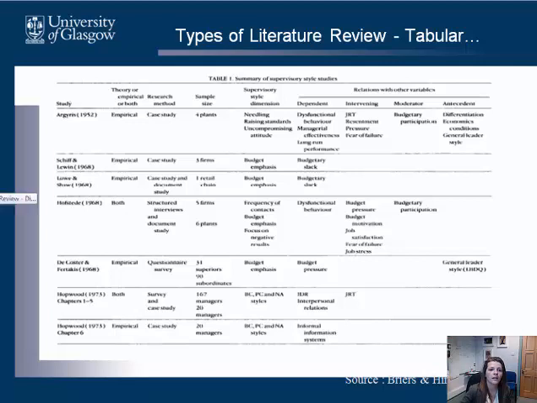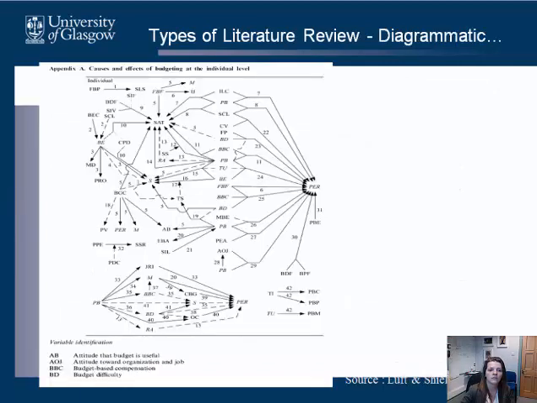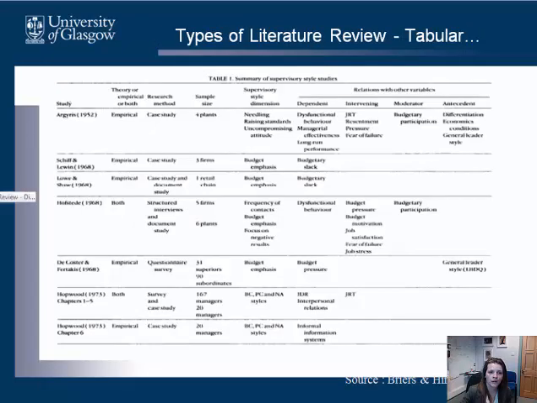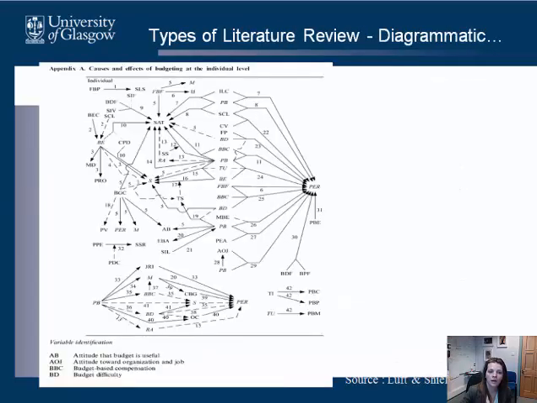So just think, when you do your literature review, what do you think it would look like if you were to present it in a schematic fashion? The first two are more common for deductive research.